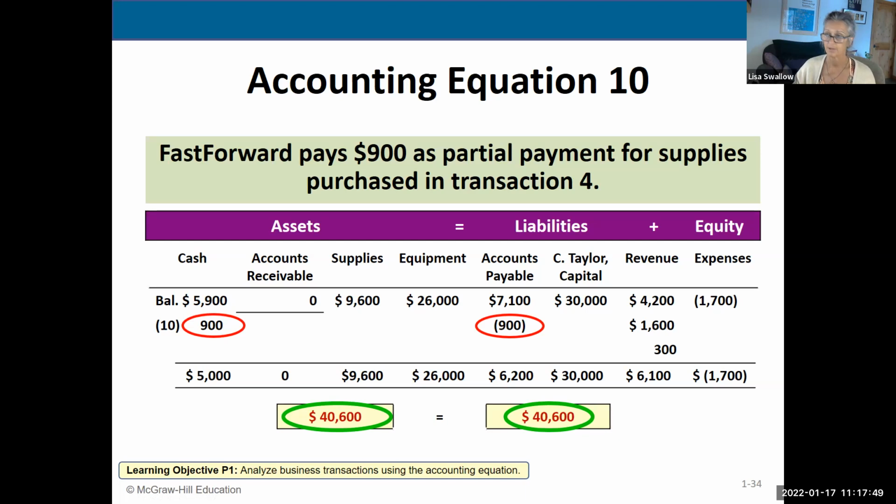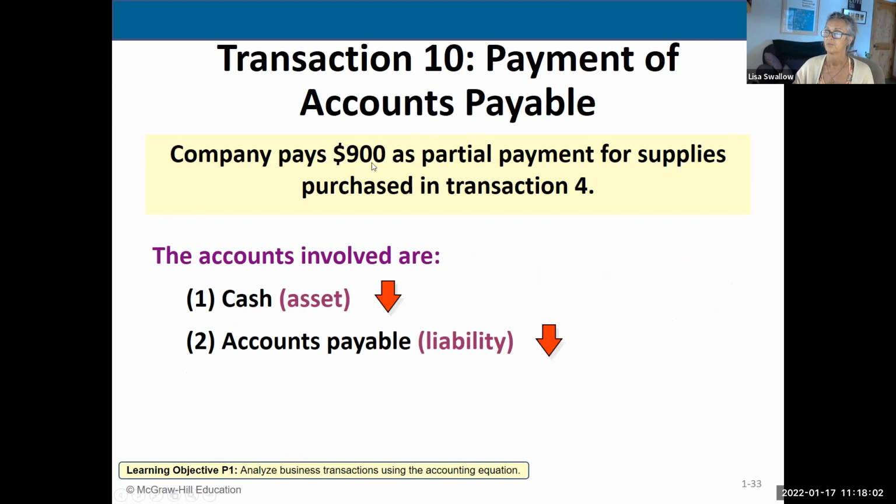So please think about that. I'm paying $900 as partial payment on that amount that I owe one of my vendors. Please book this in your sheet.